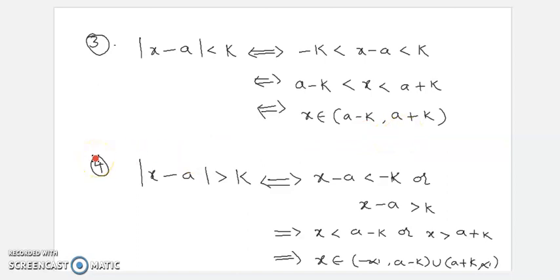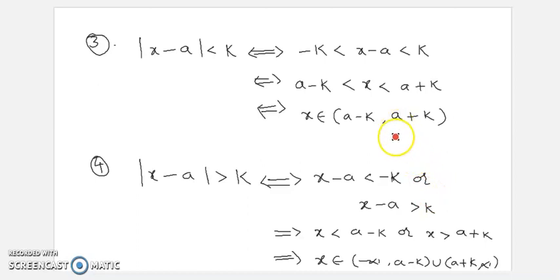And the last formula, the fourth formula, is modulus of x minus a greater than k if and only if x minus a less than minus k or x minus a greater than k, which implies x less than a minus k or x greater than a plus k, which implies x belongs to the open interval minus infinity comma a minus k union the open interval a plus k comma infinity.